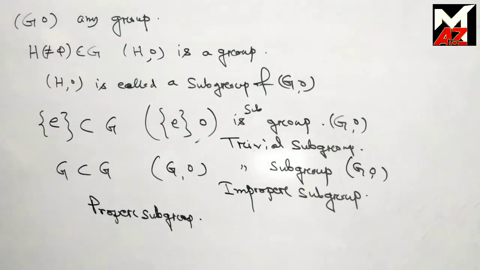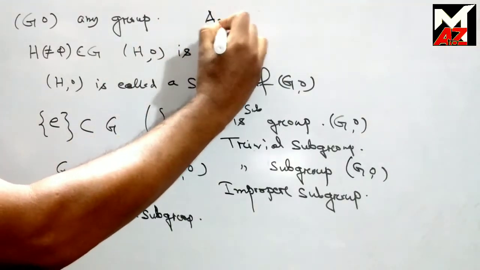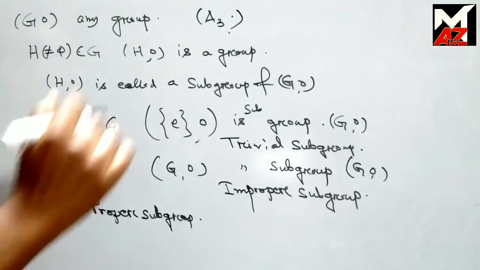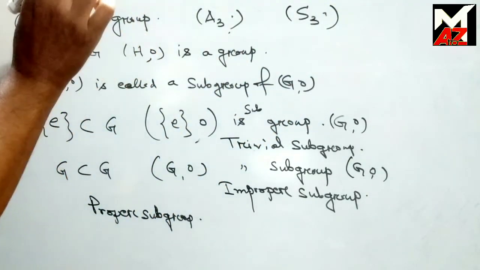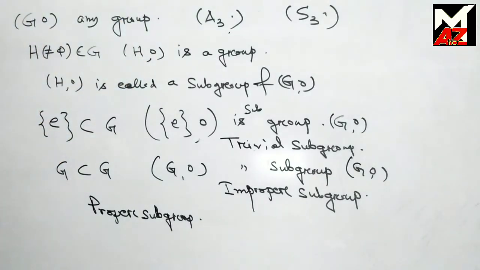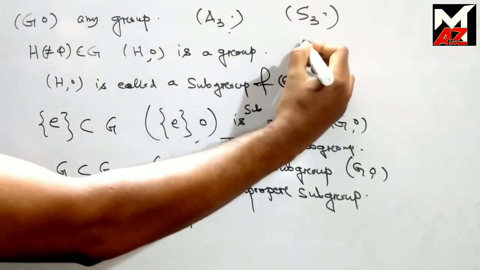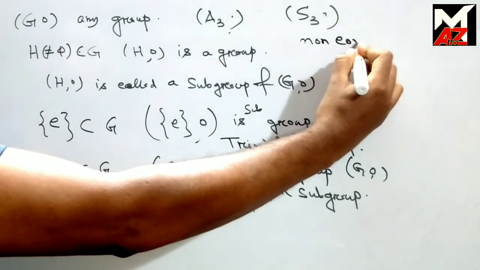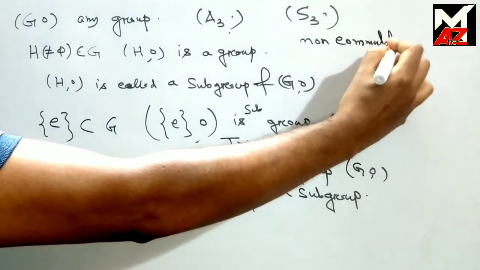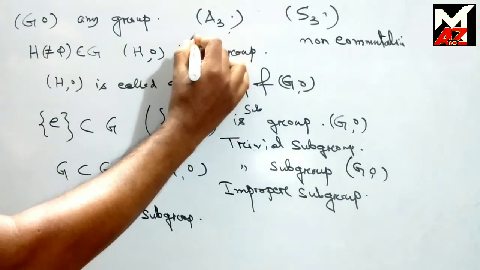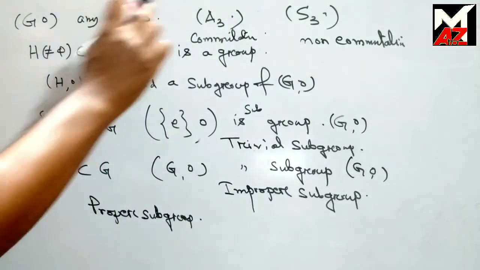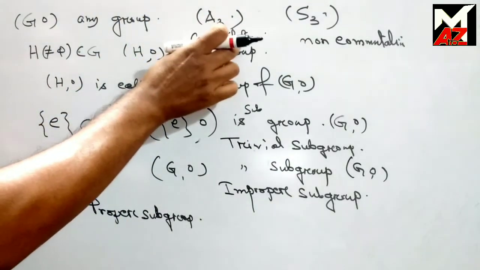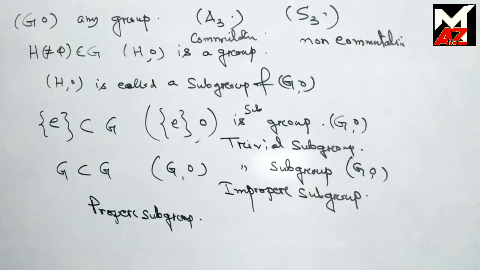And here we say first, A3 dot is a proper subgroup of S3 dot, and it is also important to say that S3 dot is non-commutative, but A3 is commutative. So this is an example of a commutative subgroup of a non-commutative group.